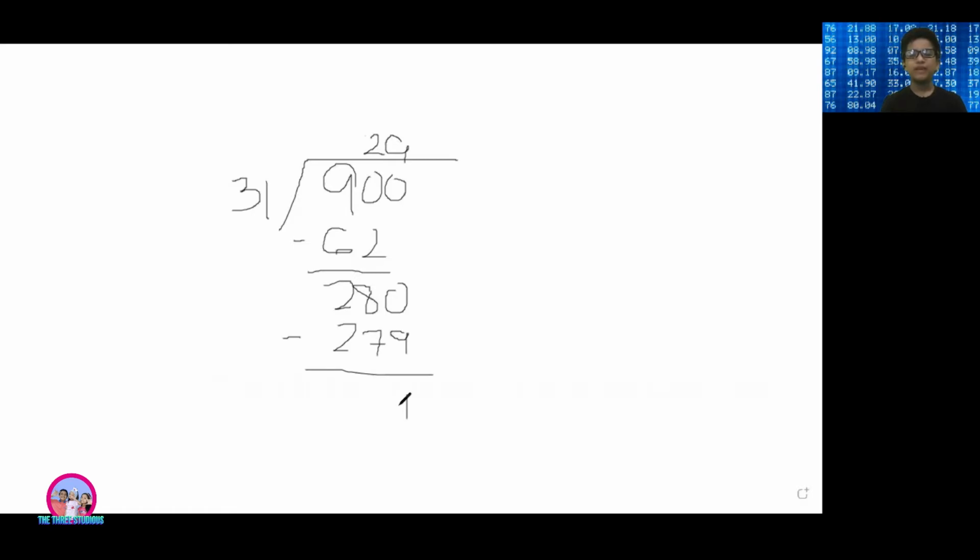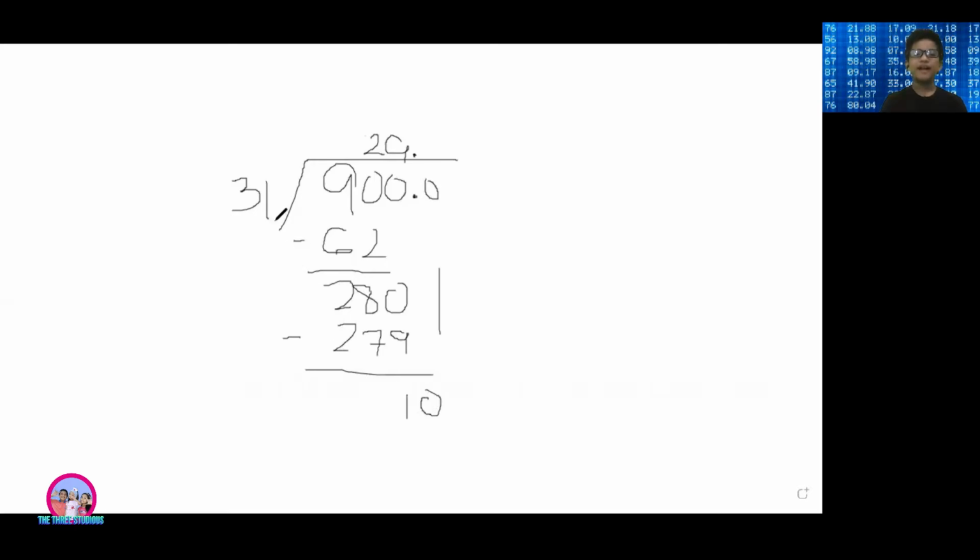So we need 0 to divide this to 31. So we will put a decimal point. Since decimal point is used, we will also put a decimal point here in its top. Put a 0 and bring down it here.